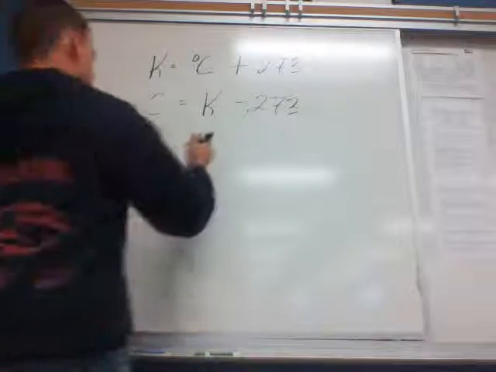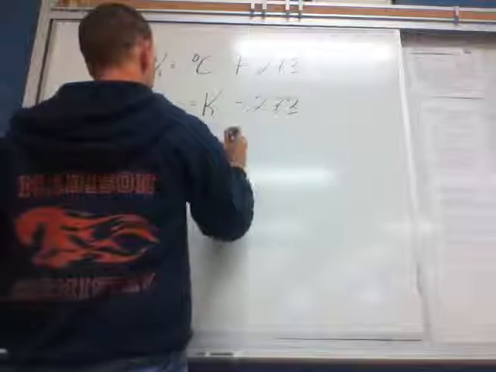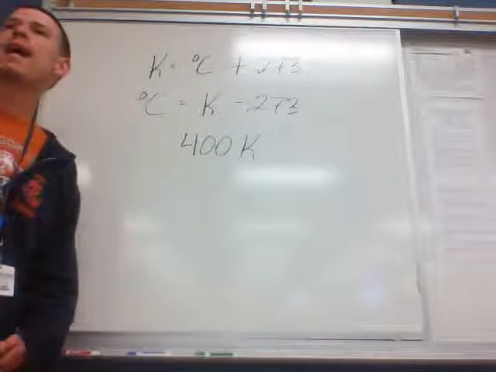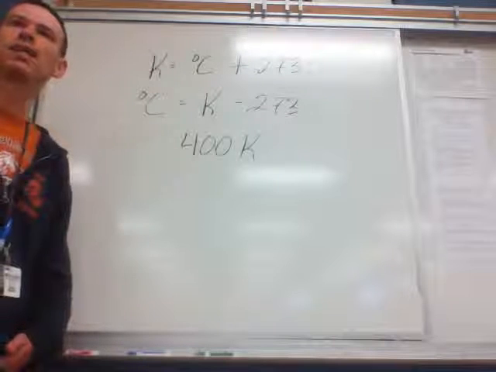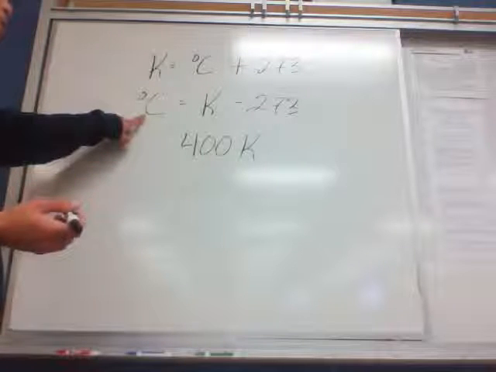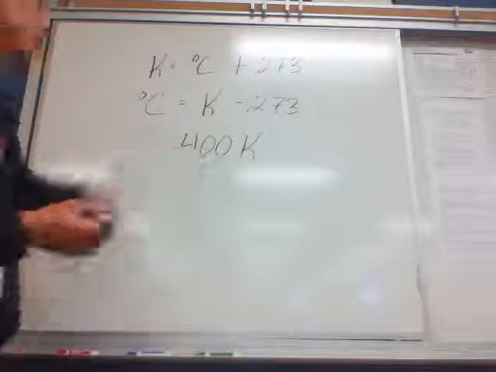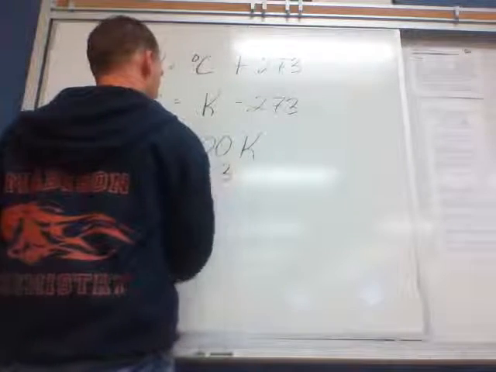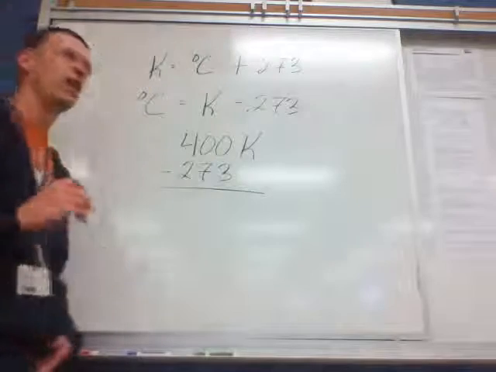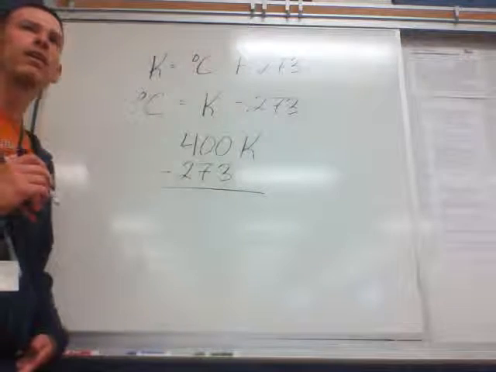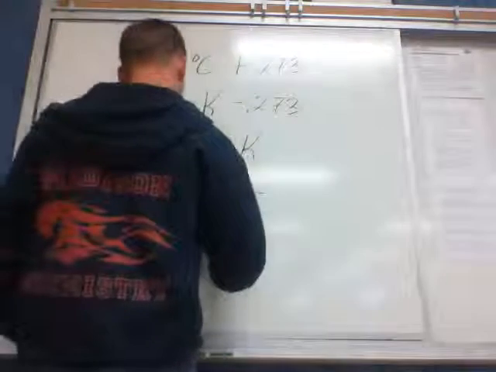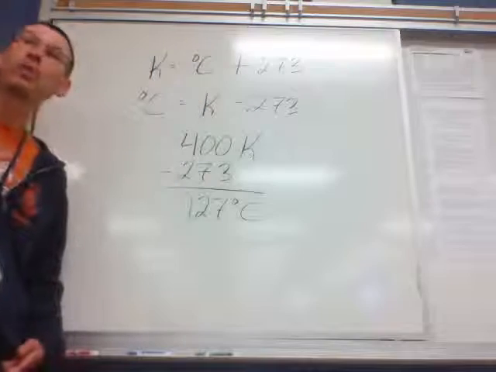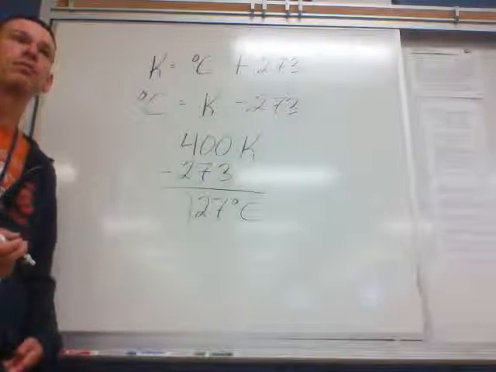So if we said that it was 400 Kelvin, and we want to know what that is in degrees Celsius, to find the degrees Celsius, you take the Kelvin reading that you have minus 273. And what will I get here? 127 degrees Celsius. Of course, our units are essential.